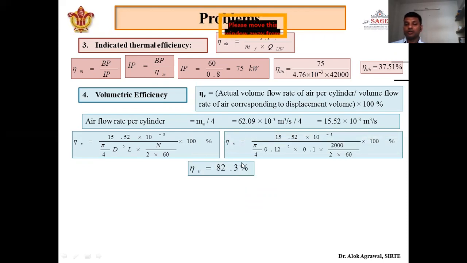It has to be taken care that we do it per second. This is the stroke volume of the cylinder, but in 1 second, how many strokes are completed is calculated with the help of capital N, the revolutions per minute.